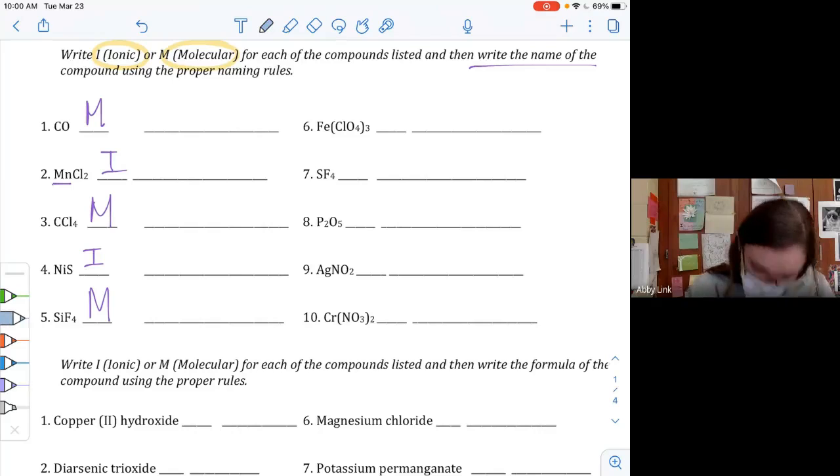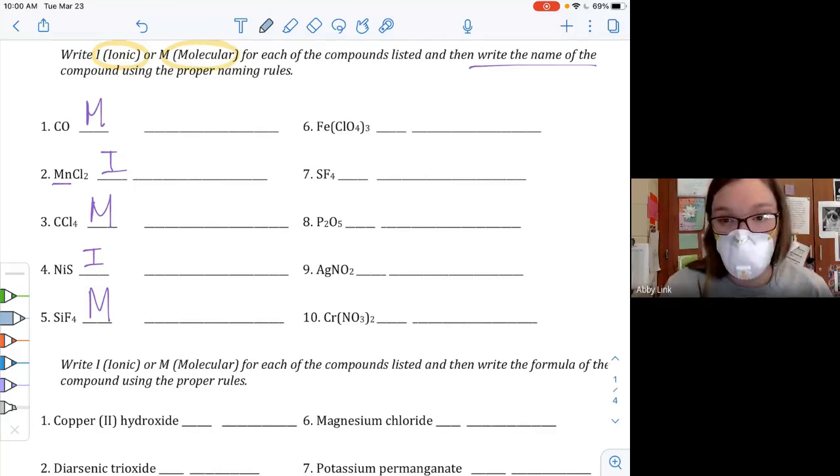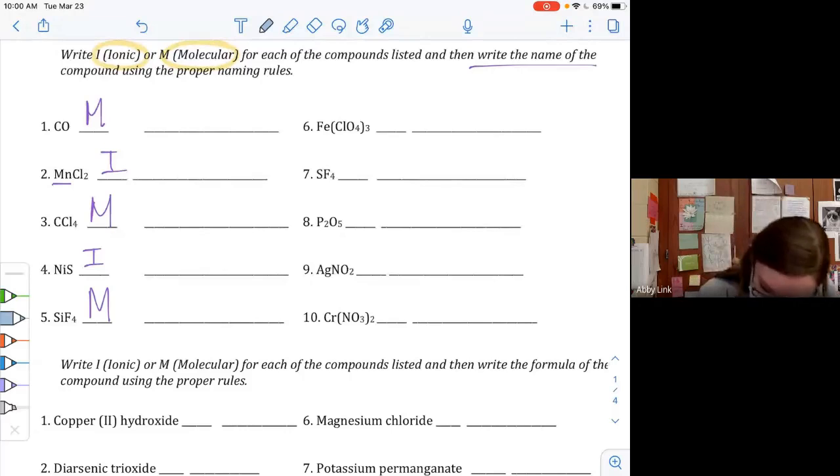Okay, another tip that I would advise you to use. If you're spending the time finding the elements on the periodic table, why not also identify, oh, Mn, let's put a star by that because it is a transition metal and will need a Roman numeral.